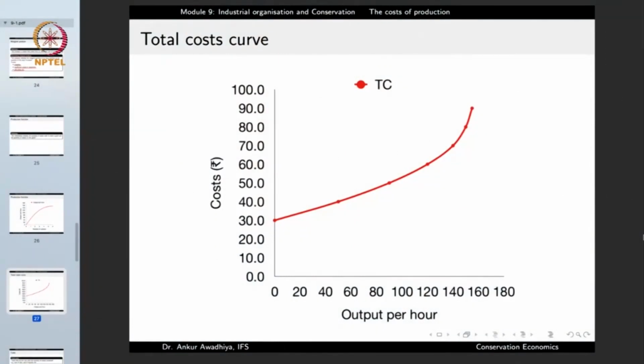So as the inputs are increased, their marginal product decreases, because of which for any additional amount of output, we will need to put up a very large amount of input, which would also mean that we would have to spend a very large amount of money. So the total cost increases. It increases more gradually in the beginning, but later on it increases at a very fast pace. So this is the total cost.